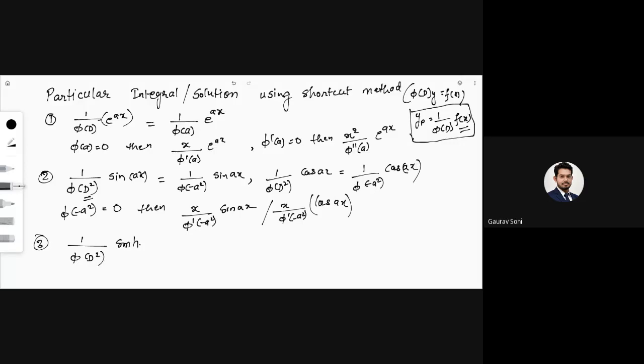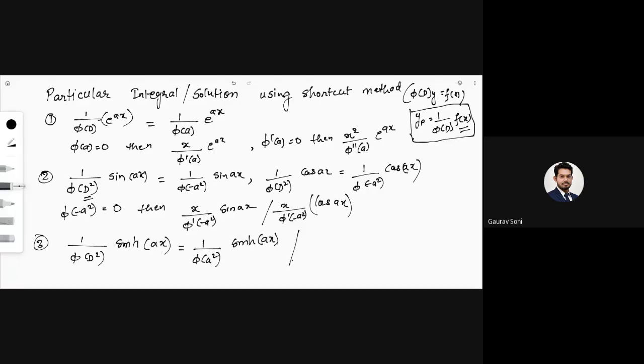The third one that we have seen is 1 upon phi of D square, sinh, which is called sine hyperbolic. For sine hyperbolic, we don't replace by minus a square, we replace it by phi of a square, sinh of ax.